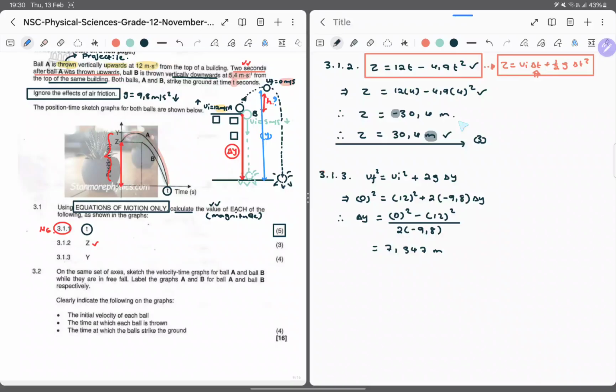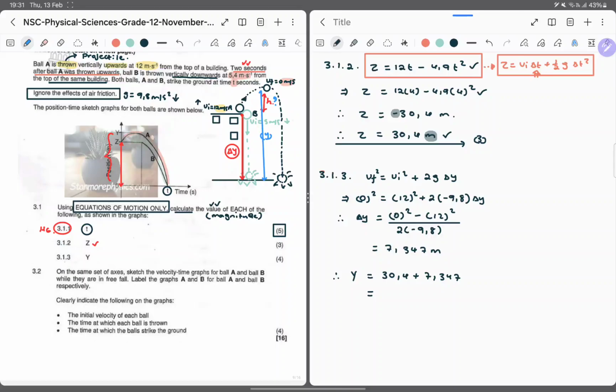7,347 meters to 3 decimal places just to protect our answer. We can say therefore y is going to be equal to 30,4 plus 7,347, which is going to be 30,4 plus 7,347.